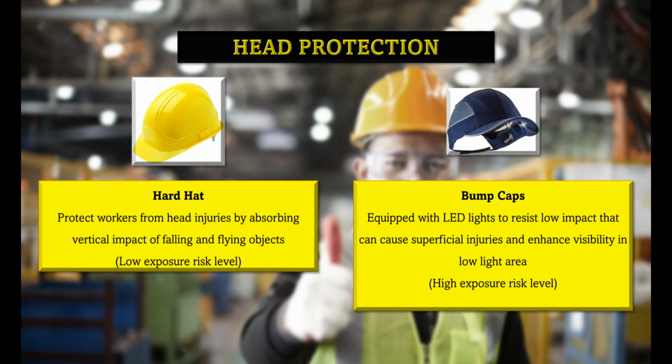Bump caps are equipped with LED lights to resist low impact that can cause superficial injuries and enhance visibility in low light area. The risk exposure level of the wearer after wearing a bump cap is considered to be high because bump caps are originally invented to enhance visibility in low light area instead of protecting workers from head injuries.